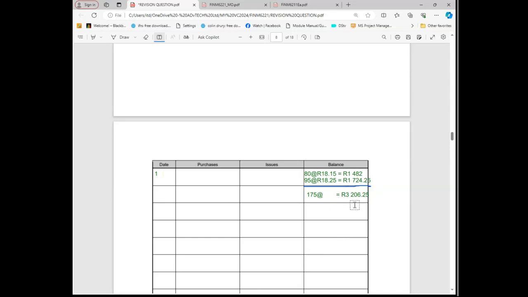Can you see now? This is the total. So now for us to find the average, I want you to be careful. We first added the units, and you also add their total values. Now you take this 3,206.25 and divide by 175, which is how we find the average price here.